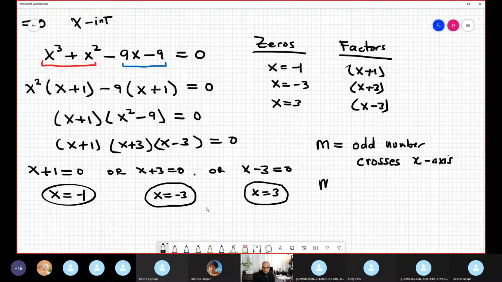See, when the multiplicity is an even number, the graph touches the x-axis. This is super important. In this example, no. In the next example, yes. But in this example, no. We have no even multiplicity because the exponents are, look, 1, 1, and 1.